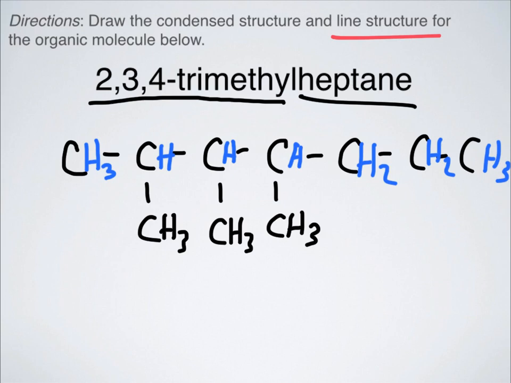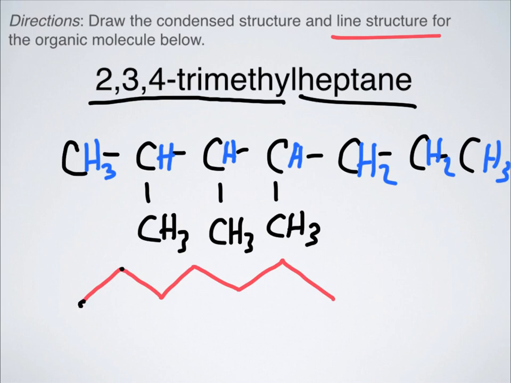Now, how would I draw that as a line structure? So remember, as a line structure, every single little tiny point is a carbon, okay? And so, like, I would start by drawing up. That's already 2 carbons, 3 carbons, 4 carbons, 5 carbons, 6 carbons, 7 carbons.